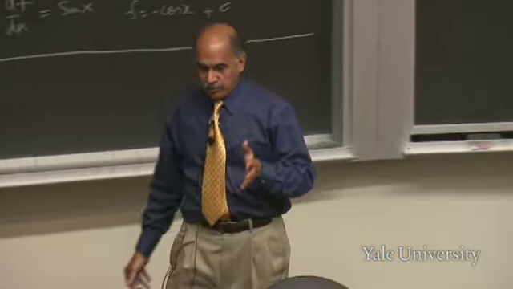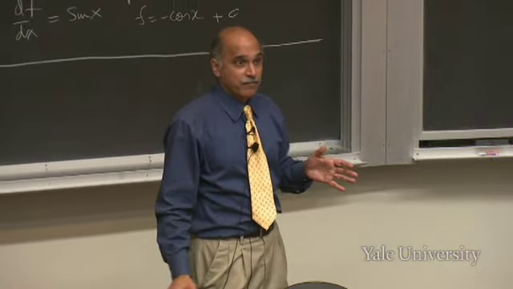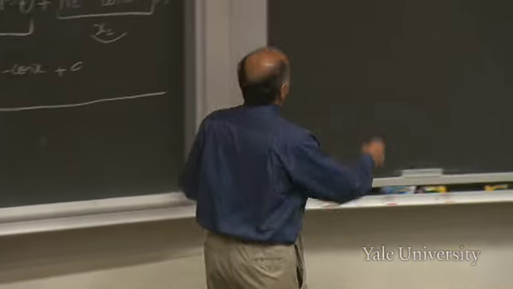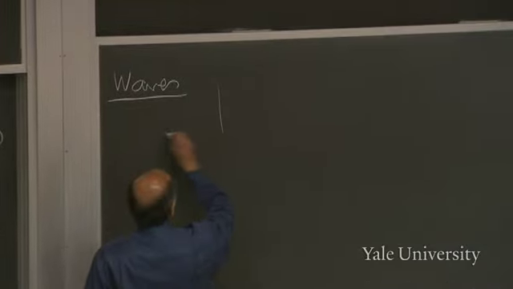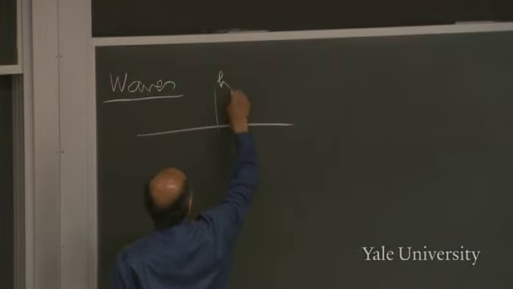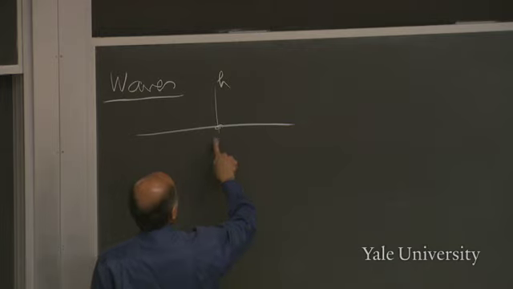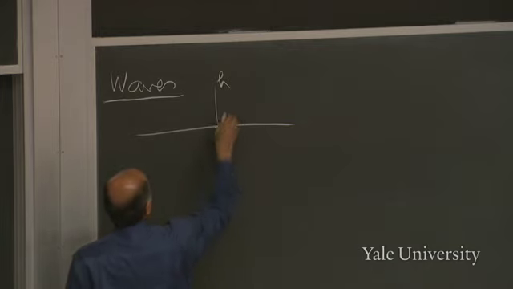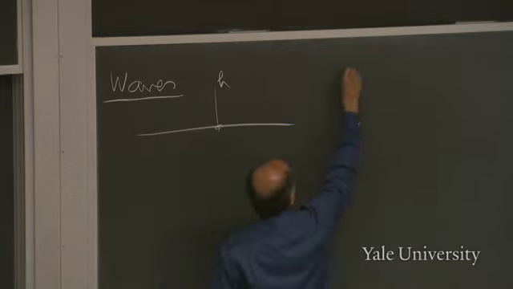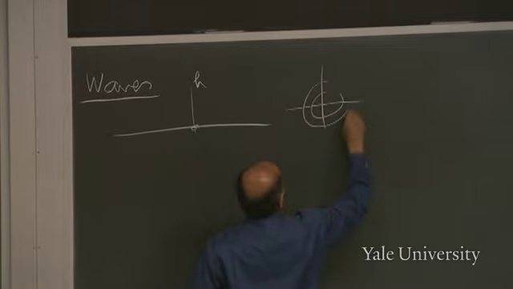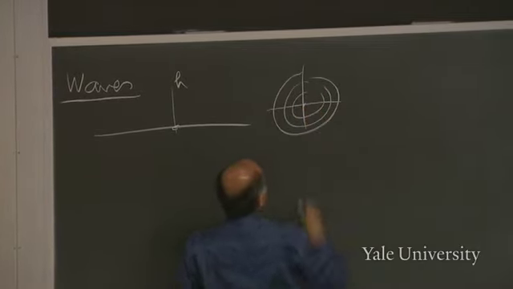If you've got one example, you can latch onto it every time I say wave. So what's the wave in this problem is that if I draw a plot of the height of the water versus the place where I drop the rock, or maybe I should do a top view here. If this is the top view, after a while you got these ripples emanating from this point.